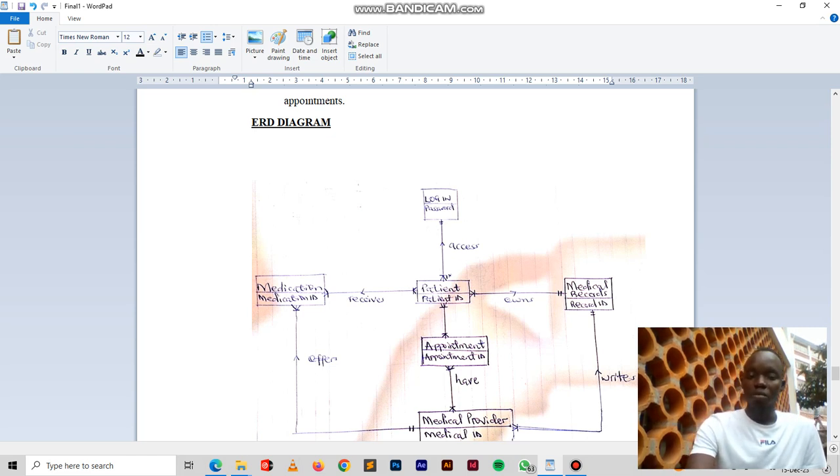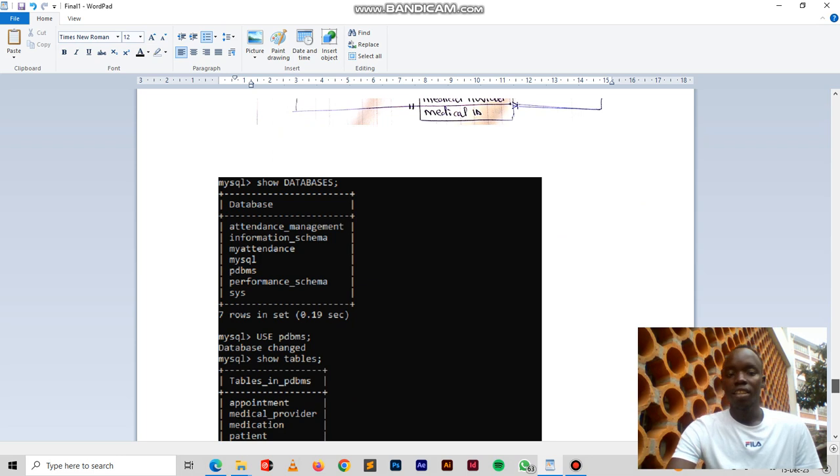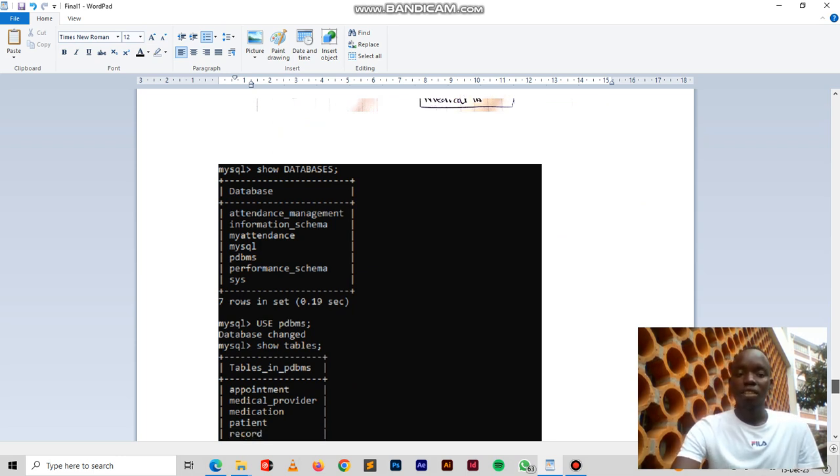I also have the medical provider who offers medication, and the patient receives medication. I also have the appointment, whereby a patient can appoint a medical provider, and just like that. And these are some of my queries.